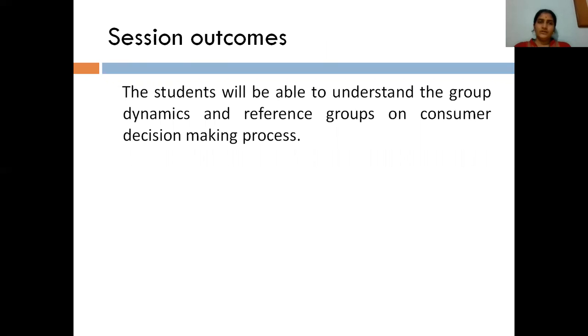Now, in today's topic, the session outcomes are that the students will be able to understand group dynamics and reference groups, how these will influence the consumer decision making process, and how consumers use group dynamics and reference groups as a base for making their decisions of buying a product or service.